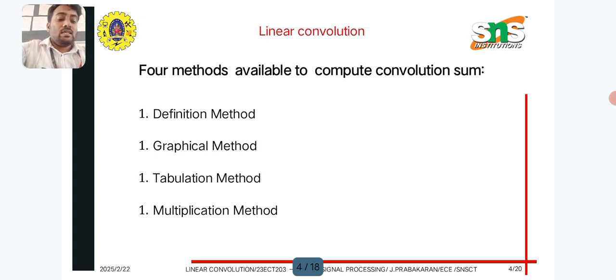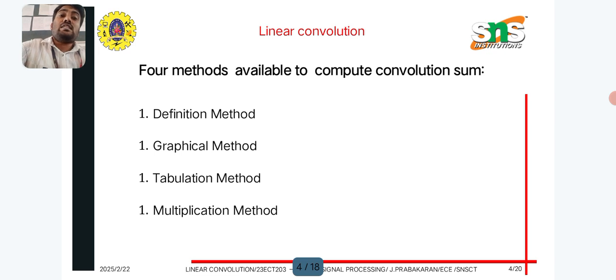In the graphical representation, flip h of n around n equal to 0 to get h of minus n, which is the folded version of h of n.